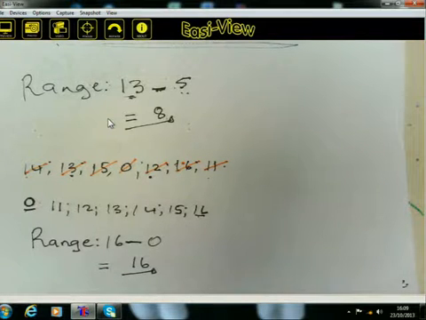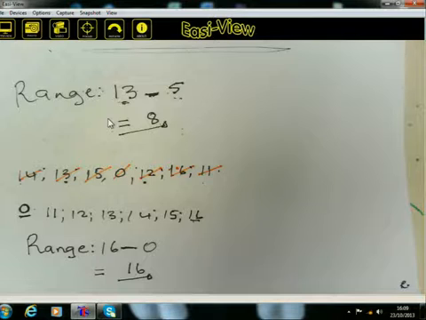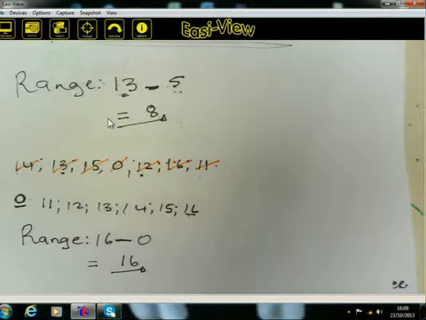We can see what the range is. If we know the meaning of these words, it will be simple for us to do it. The first thing we have to understand is what the question wants me to do, or what I'm supposed to do.